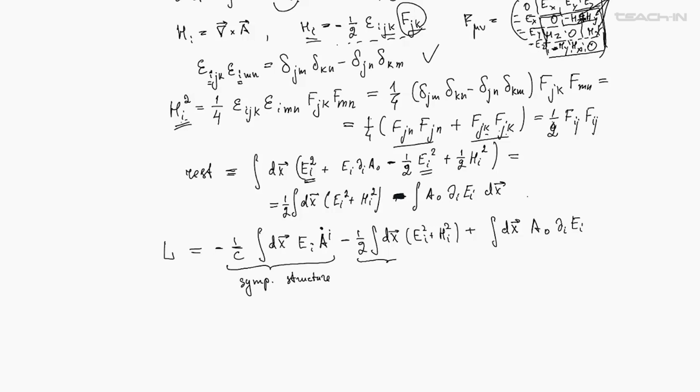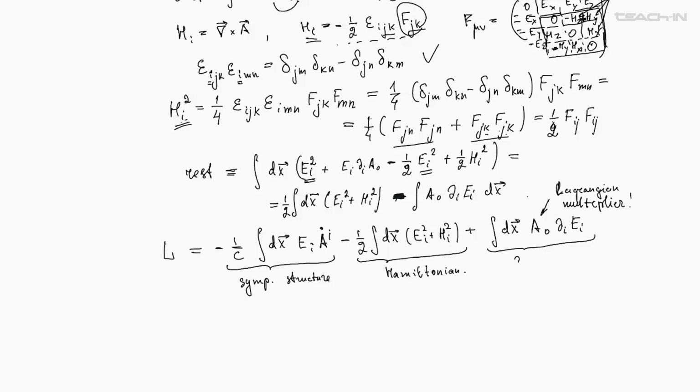And this term is a new kind of term where a0 plays the role of a Lagrange multiplier to the constraint di ei. So this term I will call the constraint.